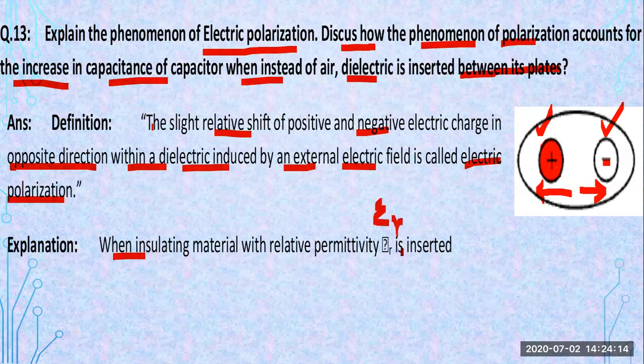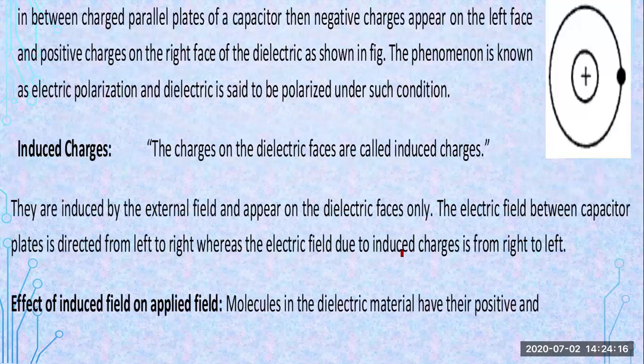So what happens when an insulating material with relative permittivity epsilon r is inserted between the charged plates of a capacitor? Negative charges appear on the left face of the dielectric and positive charges appear on the right face, as shown in the figure. This phenomenon is known as electric polarization.